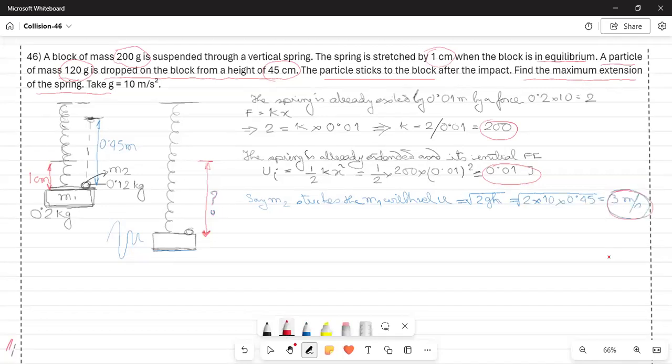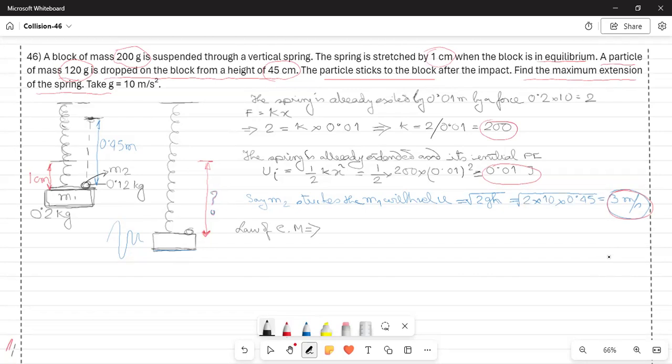Then let us impose the law of conservation of momentum.